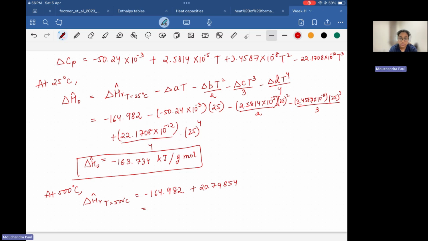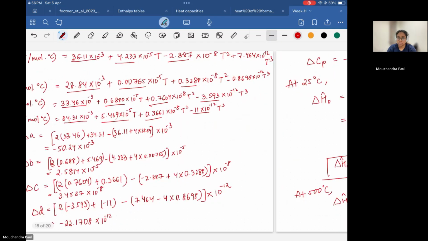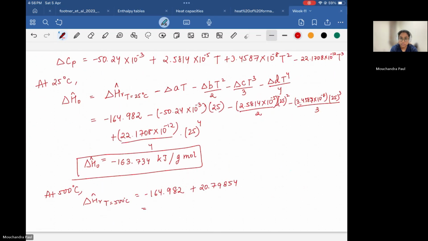So when you add this, you should get minus 144.1834, close to this value, right?